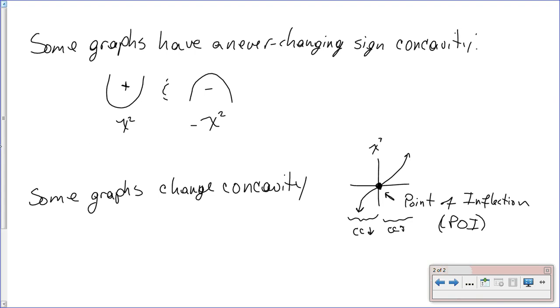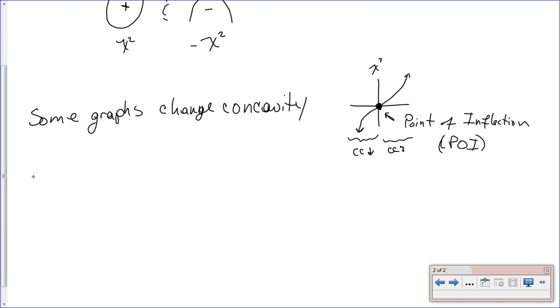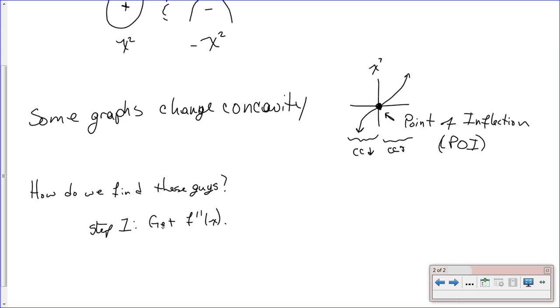So now, how do we find these things? Well, step one, it's going to look really familiar to the last video. We get f double prime of x. Step two, and there's 4 steps, we get the crits. Step 3, you do your number line.